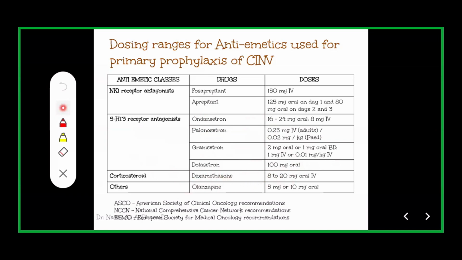Conventionally, many protocols recommend the use of olanzapine. There are certain guidelines for pre-medication prophylaxis for nausea and vomiting, such as those from the American Society of Clinical Oncology and the National Comprehensive Cancer Network. There are some standard guidelines available for proper antiemetic prophylaxis.